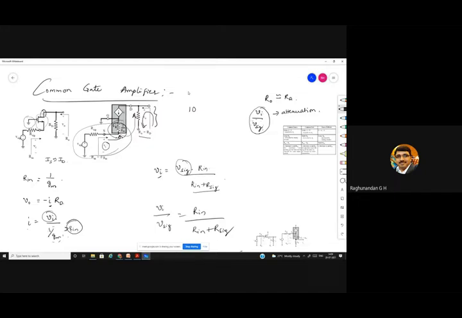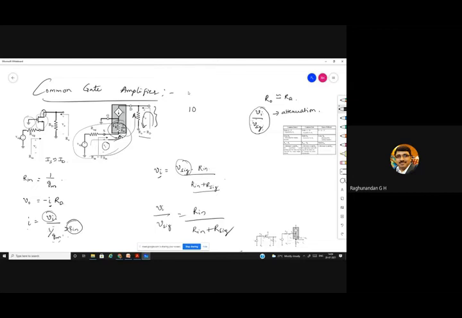So this kind of configuration is not useful for amplification purposes, because an amplifier is used to amplify the signal, but here it is reducing the strength of the signal at the initial level itself. So this kind of circuit will not support amplification.